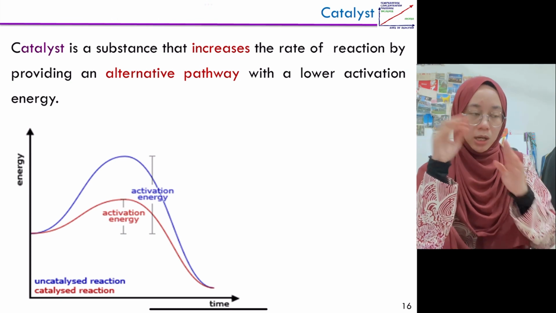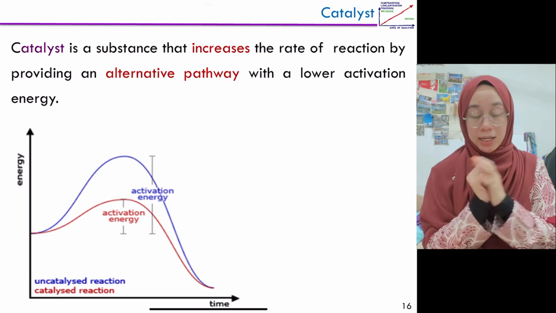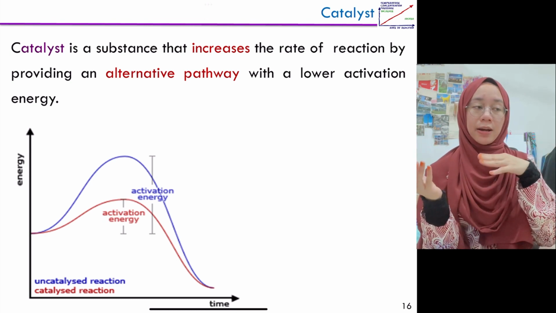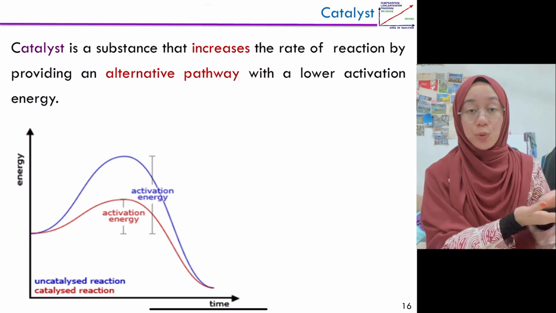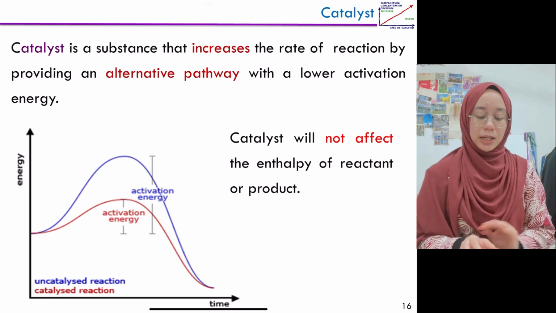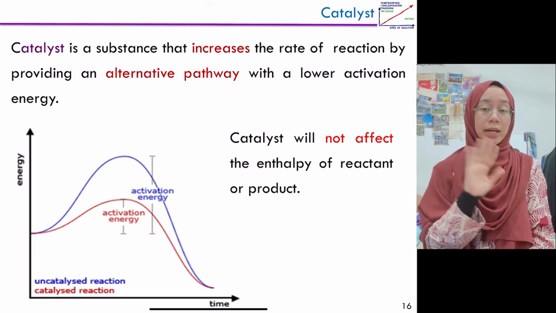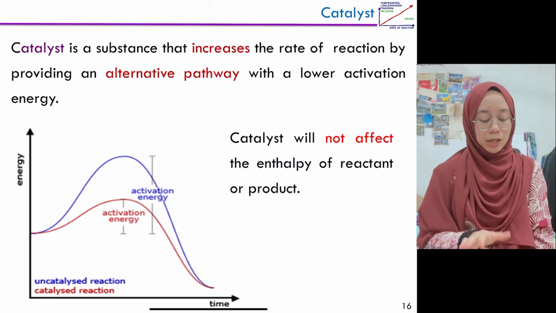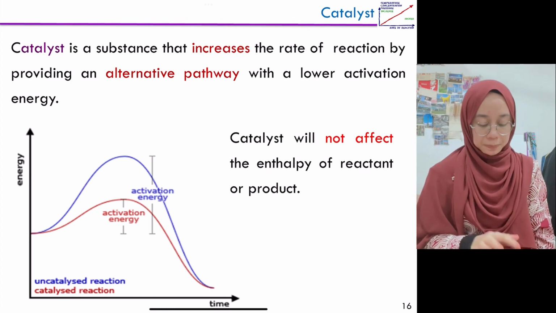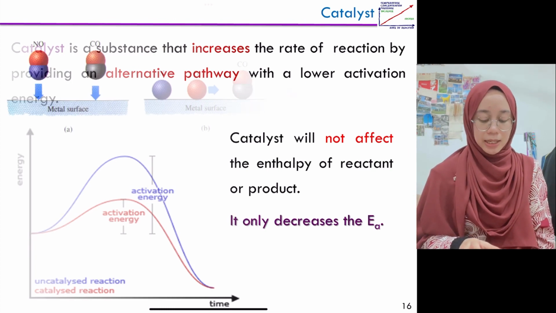When it is lower, it is easier for molecules to react in order to produce a new product. The catalyst will not affect the enthalpy of reactant or product, meaning delta H will not change at all. Delta H does not change, it only affects the forward activation energy. It only decreases the EA.